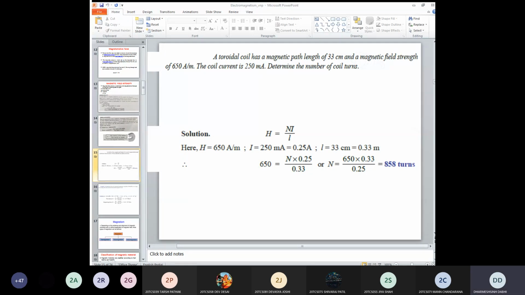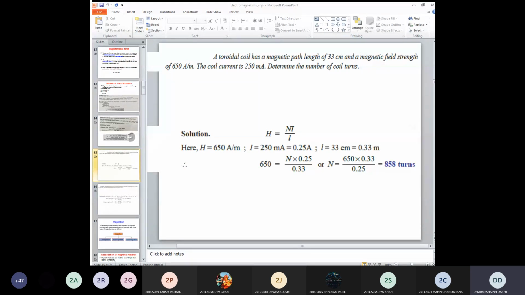Do you understand this example? Is there any doubt? What you need to find out is N, the number of turns. Clear? So the equation is what? Magnetic field intensity is given, I is given, L is given, N is unknown.